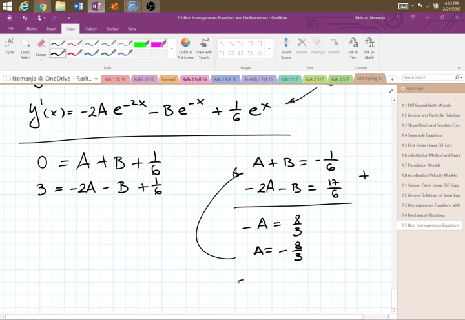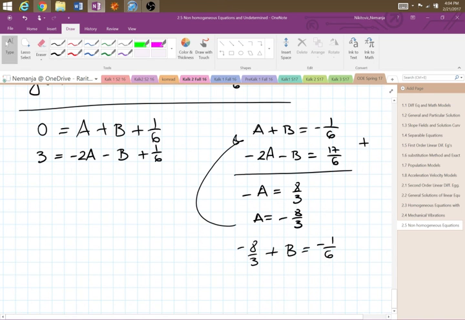So I have negative 8/3 plus unknown b is negative 1 over 6. So b is equal to negative 1 over 6 plus 16 over 6, which is 15 over 6, which is, when you divide by 3, 5/2.